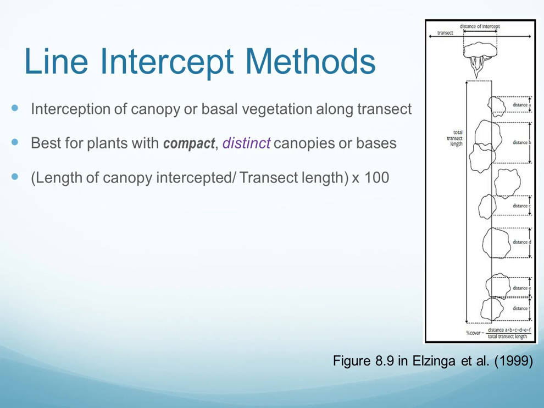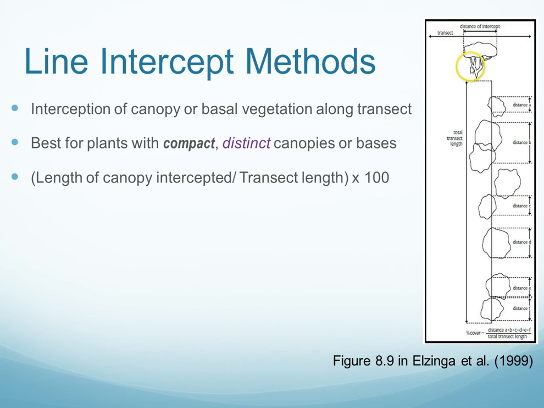And similarly to points, the way that we calculate canopy cover using line intercept methods is by dividing the length of the canopy intercepted by the transect length and then multiplying that by 100.